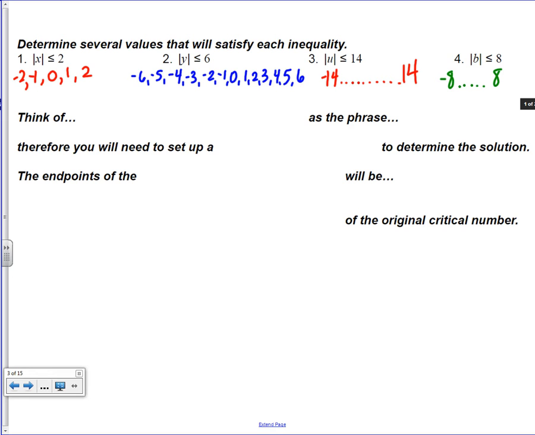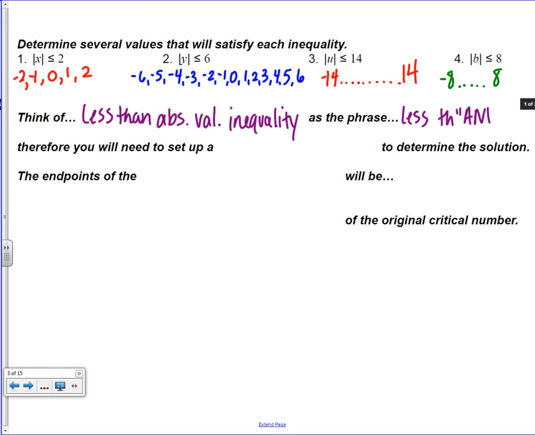Okay, so how do we actually solve these algebraically? Think of a less than absolute value inequality as the phrase less than. Now I know that seems silly, but I'm highlighting the word and, less than.